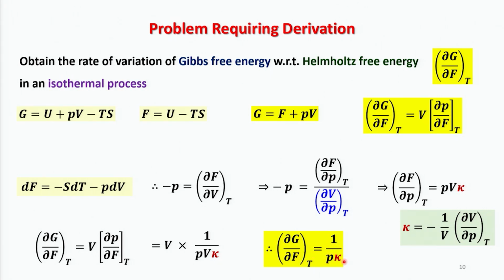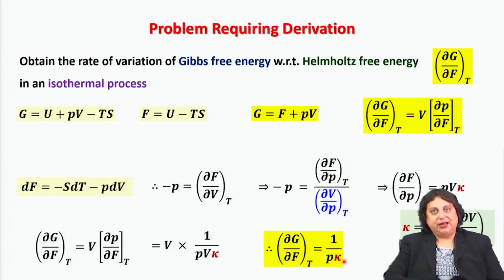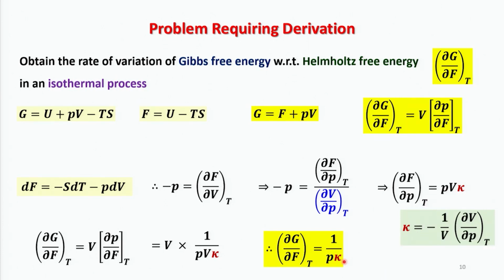So, this brings us to the end of our discussion today regarding the use of Maxwell's relations, and looking at how to correlate the variation of any thermodynamic property to measurable properties like specific heat, alpha or kappa. But I have also emphasized that simply looking for an appropriate Maxwell's relation does not always help.